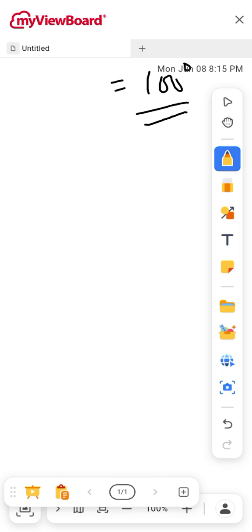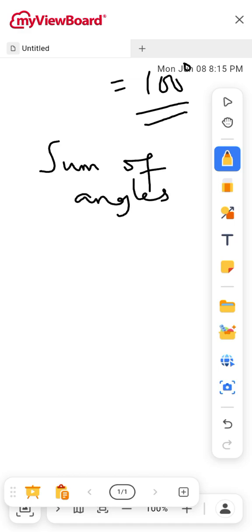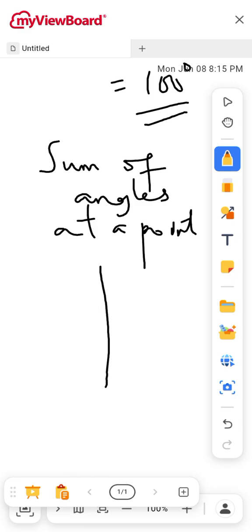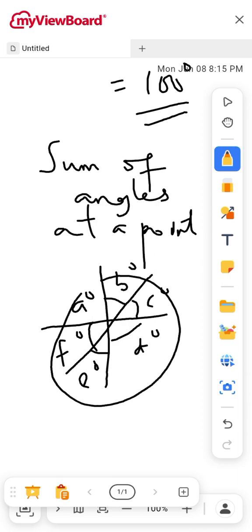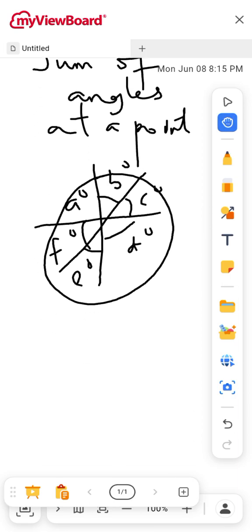Okay, the last on the list of angles that we want to look at is angle at a point. Sum of angles at a point, where everything connects together at a point, something like this. We have A, B, C, D, E, and F. If I connect everything together, it gives me the shape of a circle.